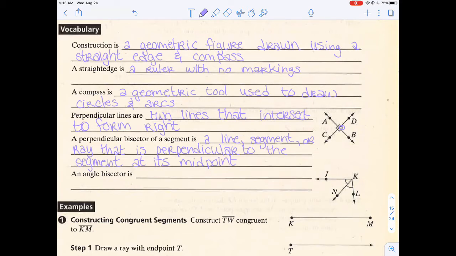Okay, and our last vocabulary, an angle bisector is a ray that divides an angle into two congruent coplanar angles.